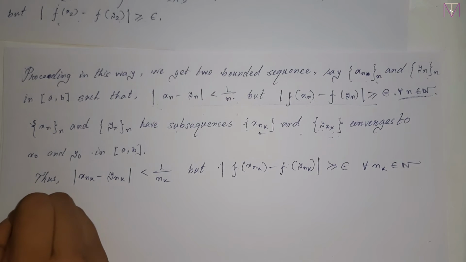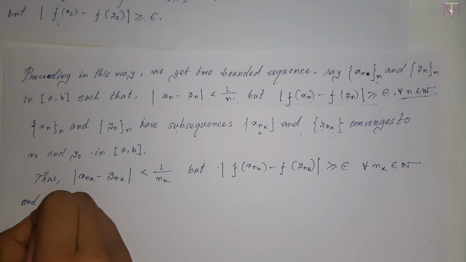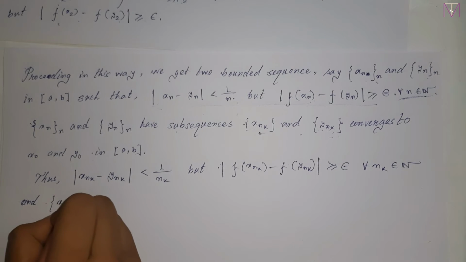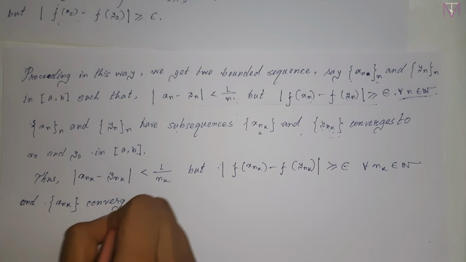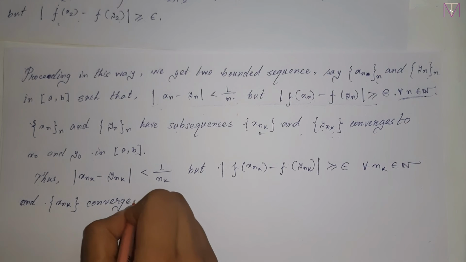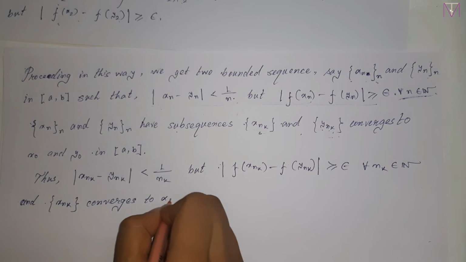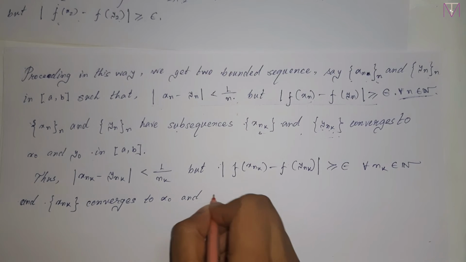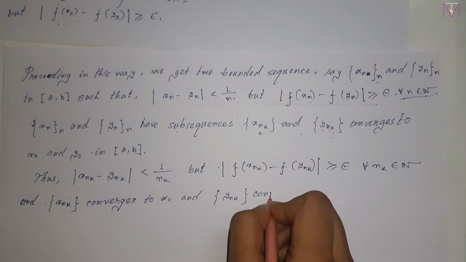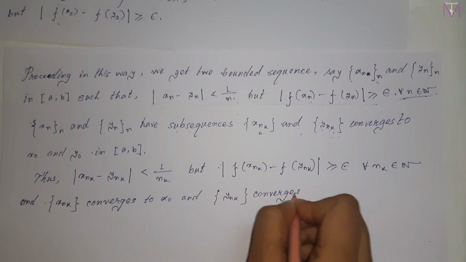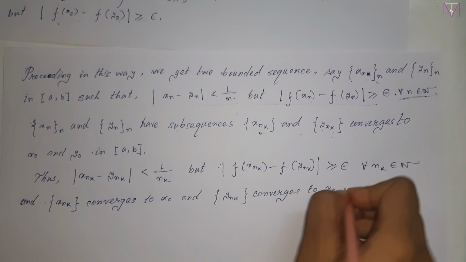And we have to mention that the subsequence xnk converges to x0 and the subsequence ynk converges to y0.